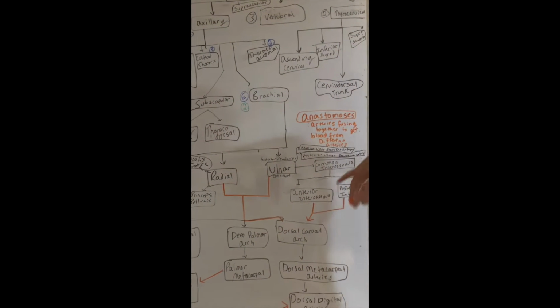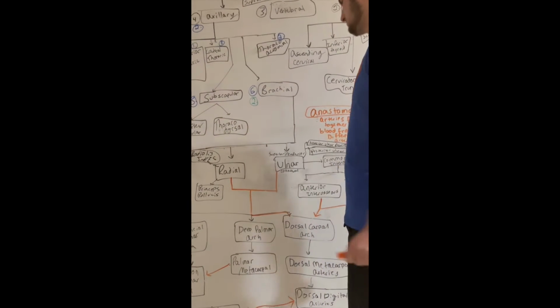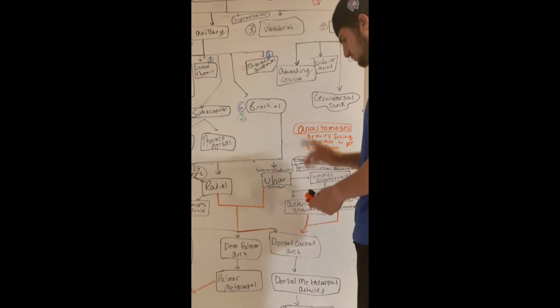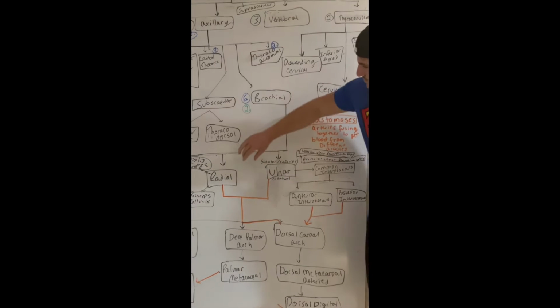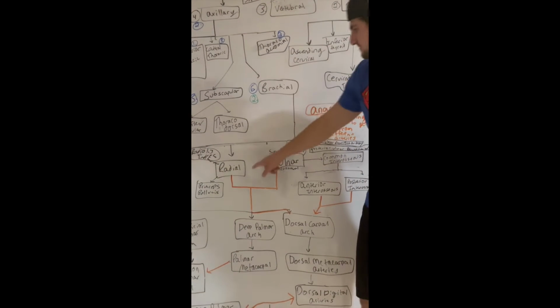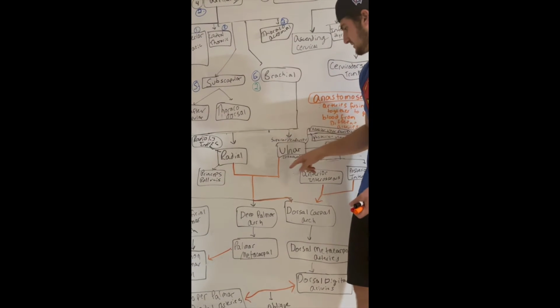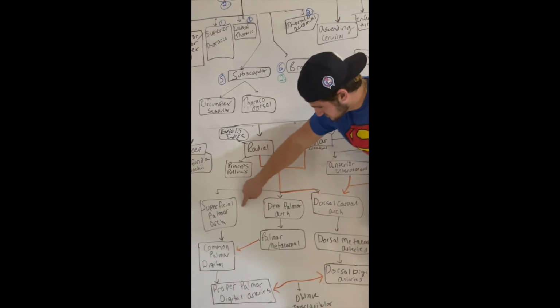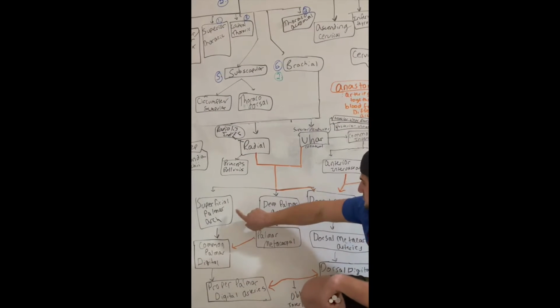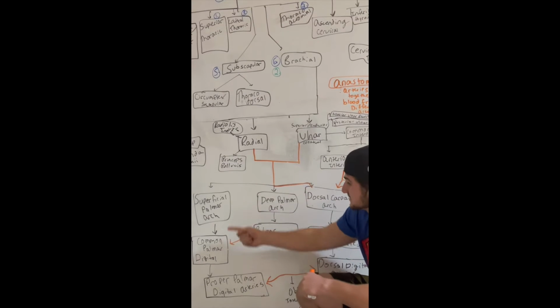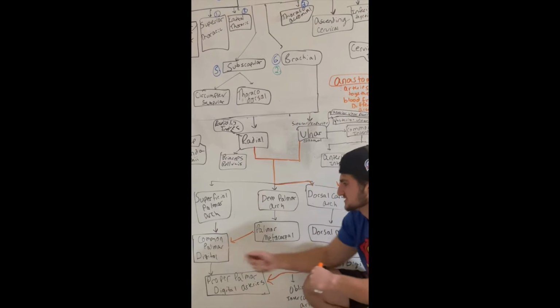Okay? So, after we go through these steps, we could start off on the right side and go from right to left. So, brachial, radial, ulnar. Radial and ulnar make superficial, deep, and dorsal, right? Okay, so the superficial palmar arch is then going to create the common palmar digital.